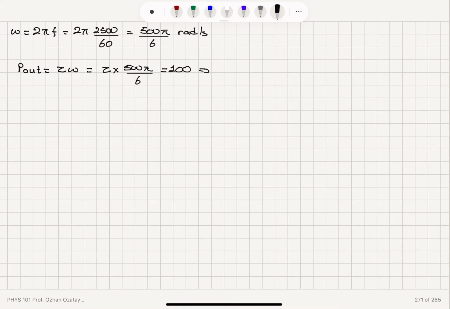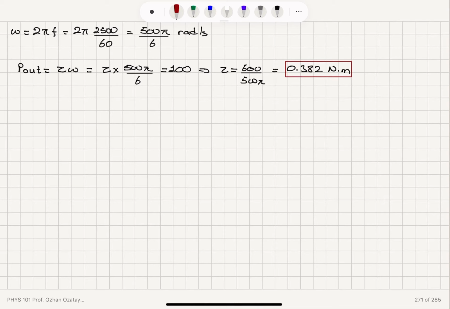So we can calculate the torque output as 600 divided by 500 pi, which is equal to 0.382 Newton meters.